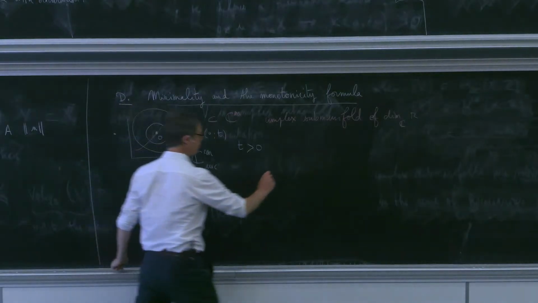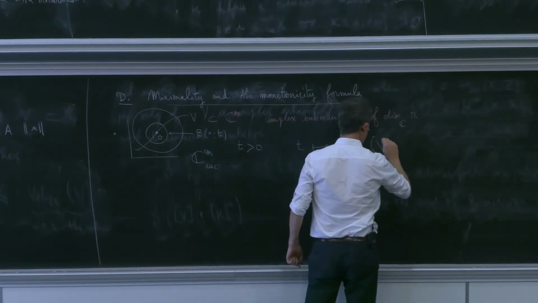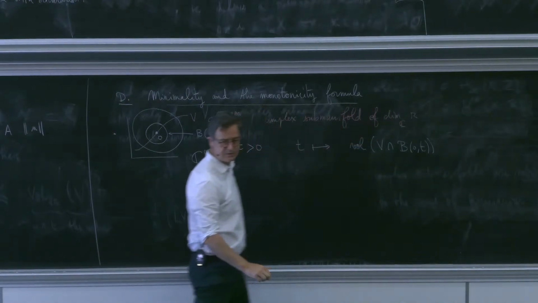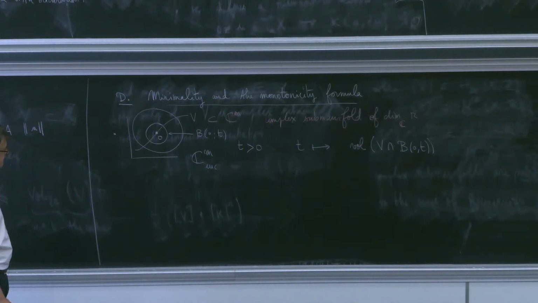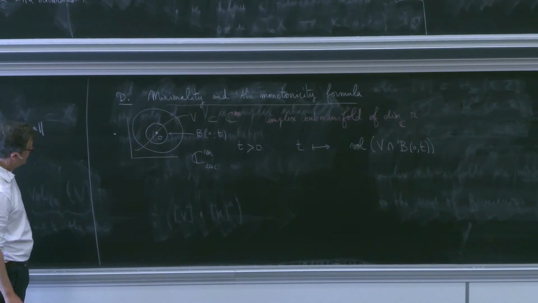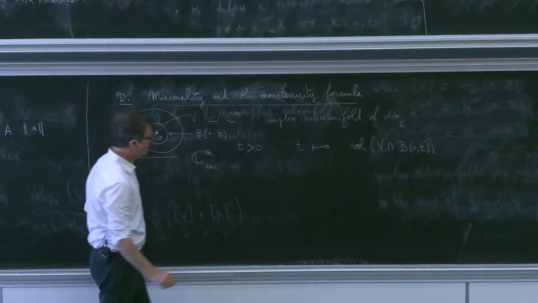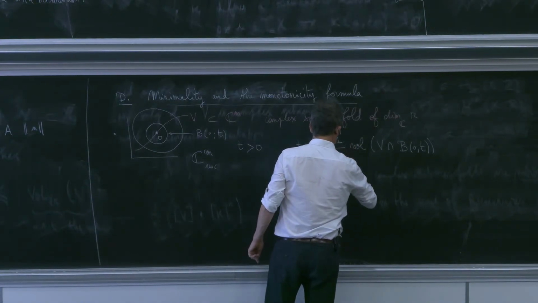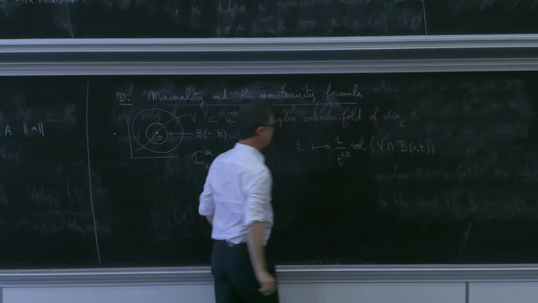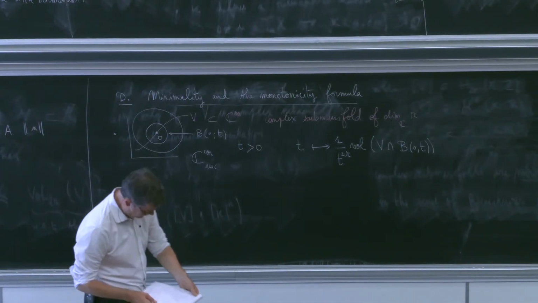So I look at the function t goes to the volume of V intersected with the ball of radius t. Obviously, it's an increasing function. But then I can renormalize. I divide by t to the 2r. And what I say is that this function is increasing.